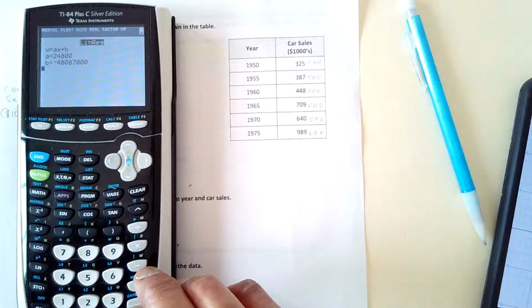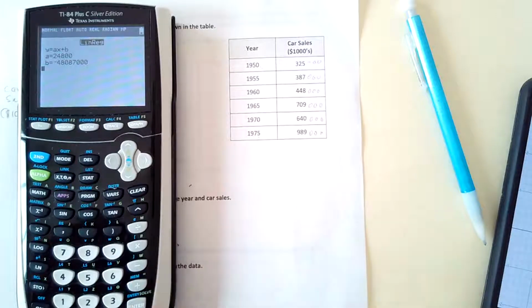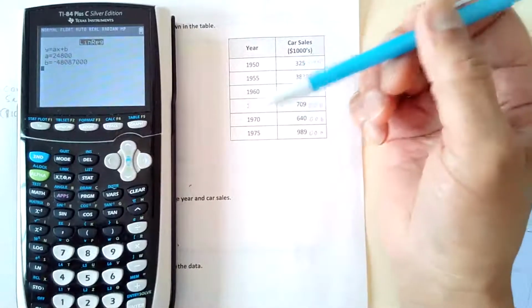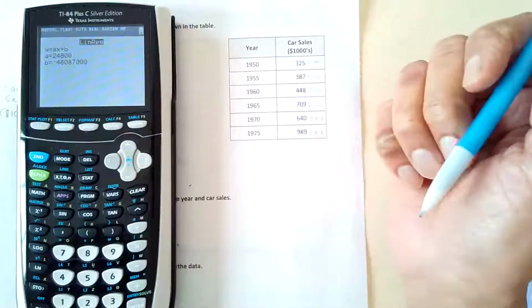And there's your line of best fit. Okay. So that's your data. Now it looks like a huge amount of values, but remember this is the actual year, and that should be a line of best fit.